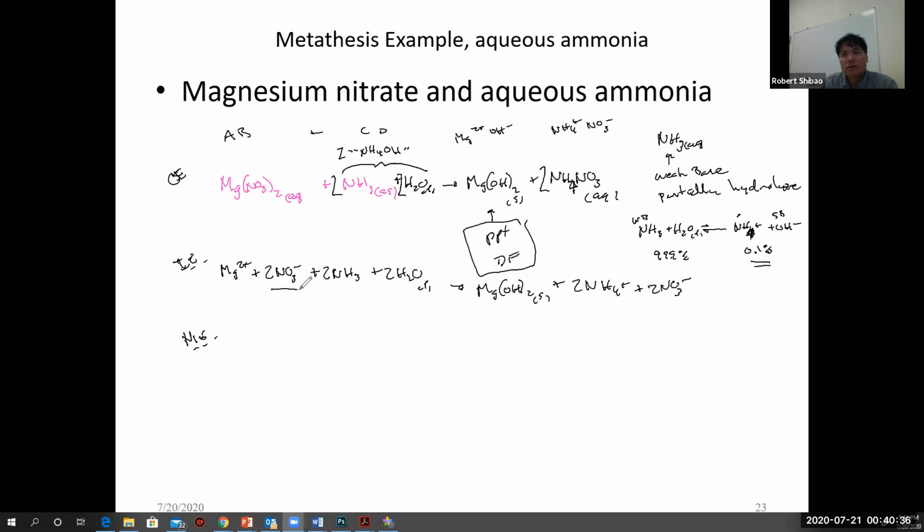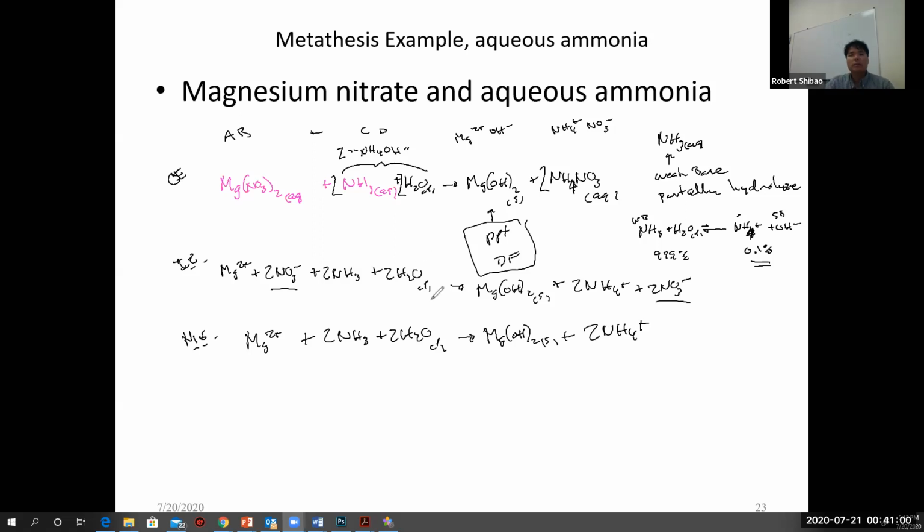For example, the nitrates don't do anything. This is ammonia, this is ammonium, so those are 2 different things. So the net ionic reaction is magnesium 2+ plus 2 ammonia plus 2 waters yields magnesium hydroxide plus 2 ammoniums.